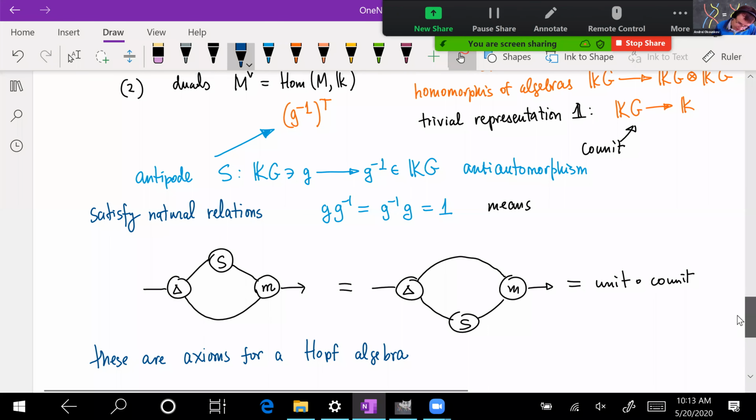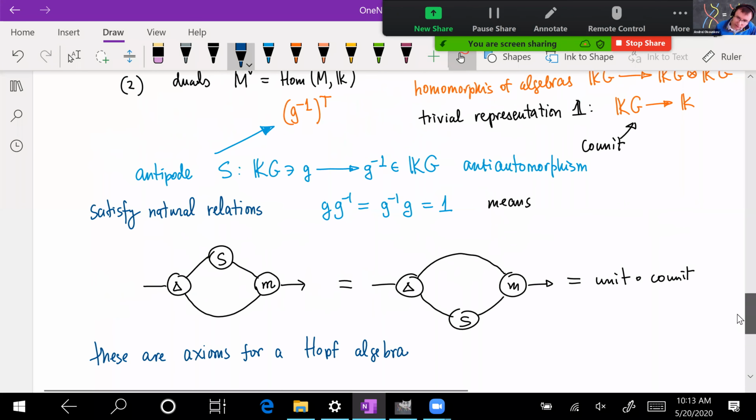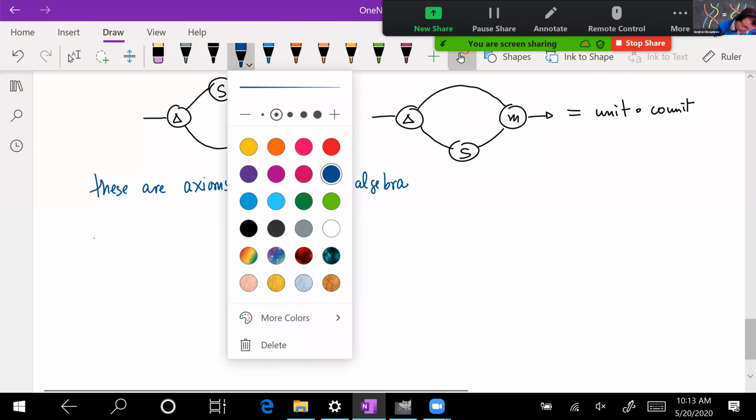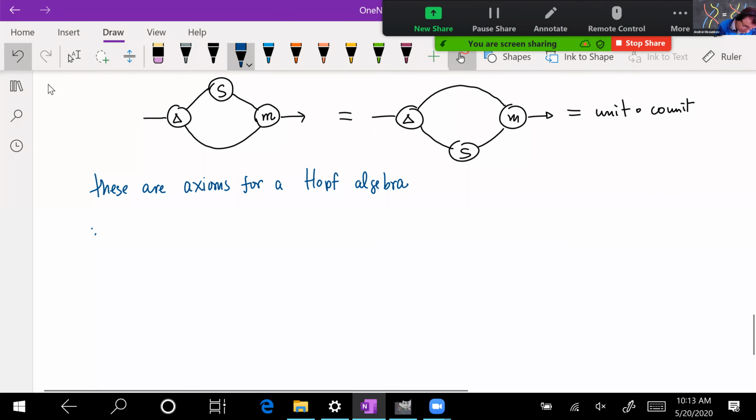And so this was with a finite group. Now, if G is a Lie group, right? Sorry, I forgot to say, the set of axioms is self-dual.